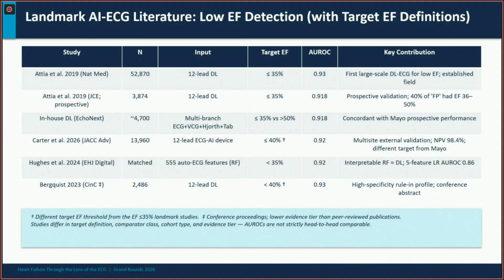This was not a multi-branch approach like I did, and pretty much that is the state-of-the-art model for heart failure with EKGs right now, with an area under the curve of 93%. Now, there's a catch. This model was only trained to pick up EFs of less than 35%, which is a difference with my model, which was trained to pick up an EF of 50% or less.